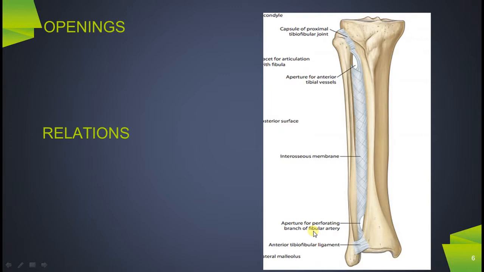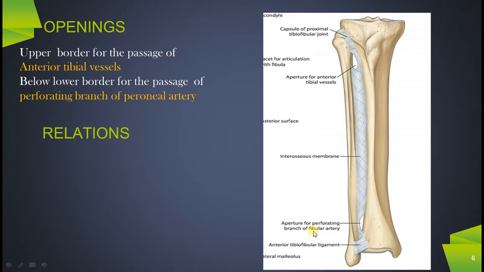This perforating branch takes part in the lateral malleolar network. So the upper opening is for the anterior tibial vessels, and below it is for the perforating branch of the peroneal artery.